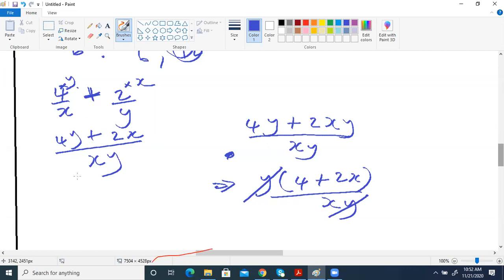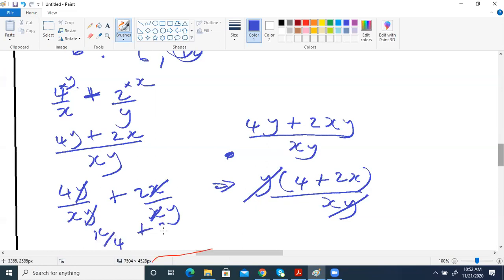So the most you could do is come back to the same place where it began, which is to say 4y over xy plus 2x over xy, and then y cancels y, and x cancels x. And you realize you come right back where you started, which is 4 over x plus 2 over y, which is the question, right? So you can't do that.